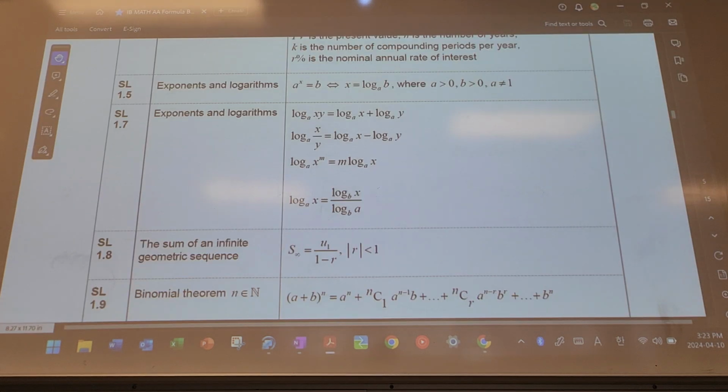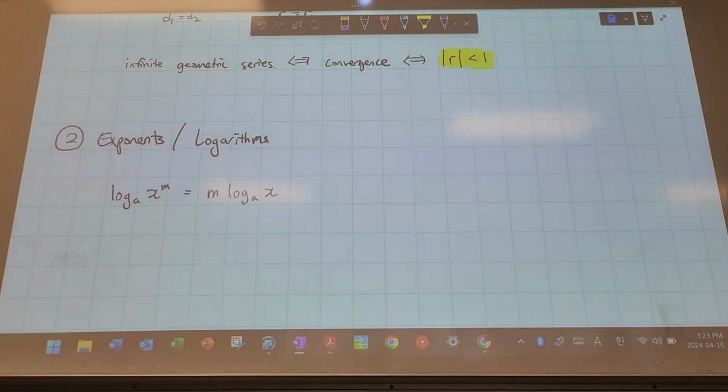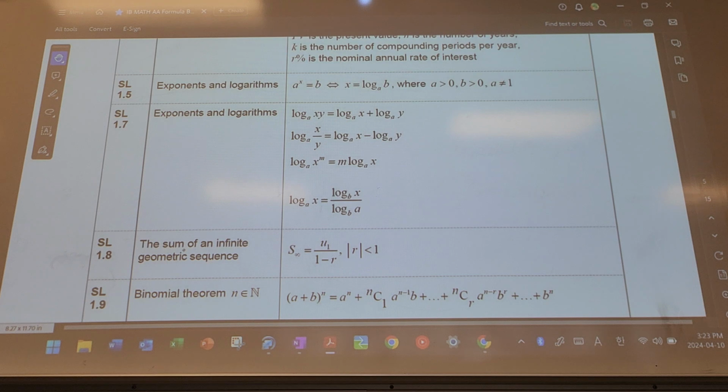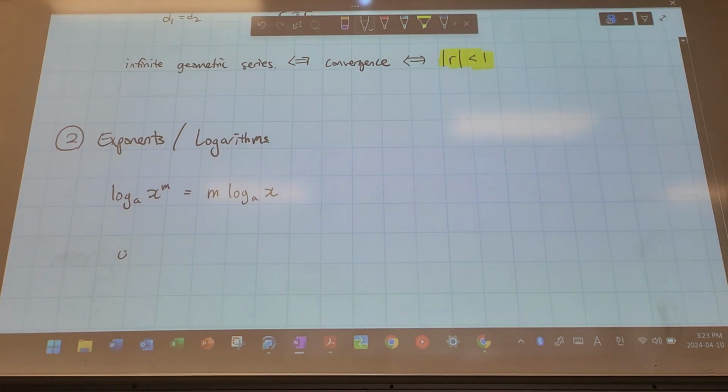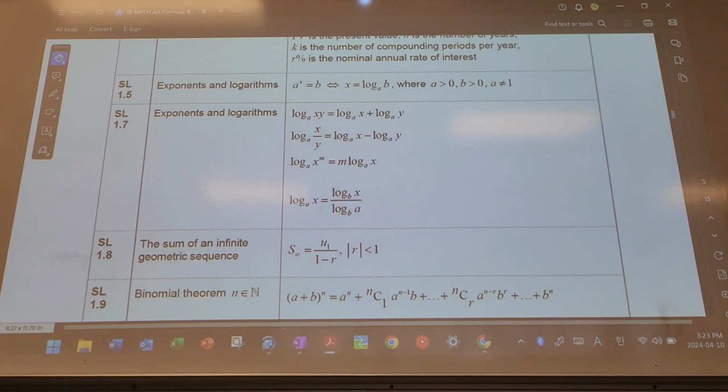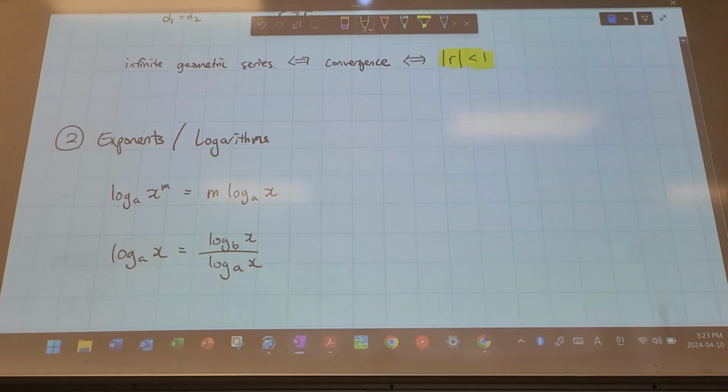Another thing to note is the change of base law. So the log base a of x is equal to log base b of x divided by log base b of a. Sorry, my bad.